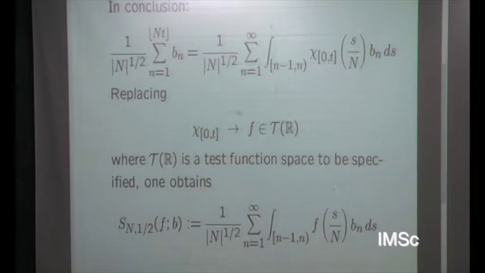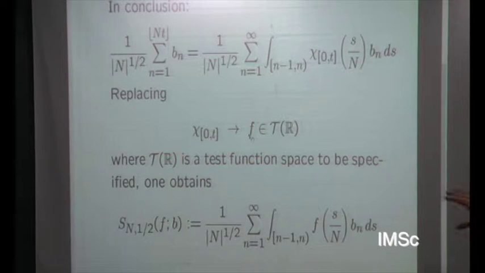When we now introduce the normalization of the central limit, what do we want to do? Instead of considering the traditional central limit theorem, which just uses this characteristic function, very little will change if I fix a space of test functions and replace the characteristic function by a test function.